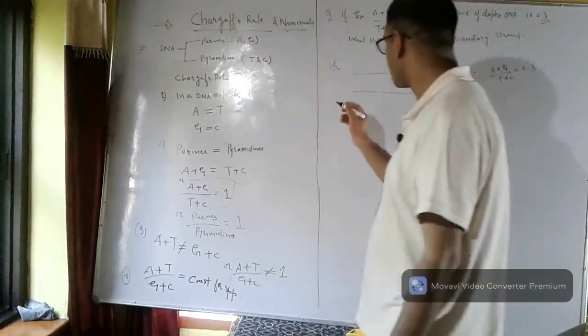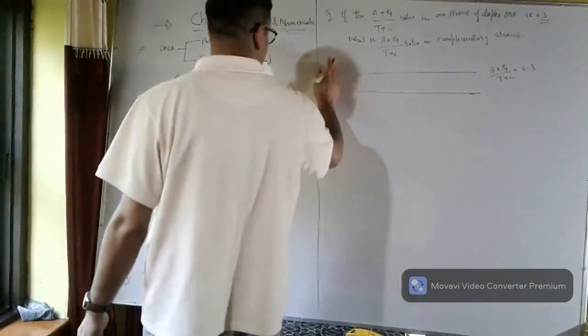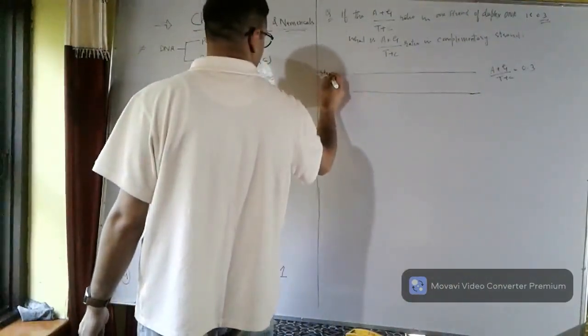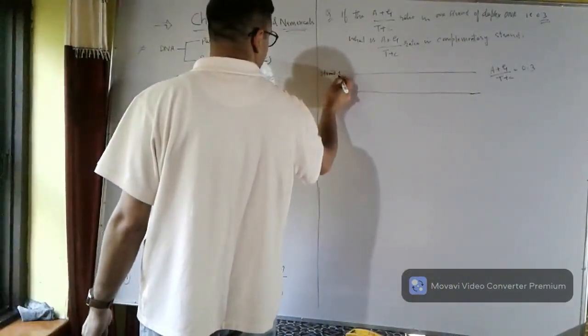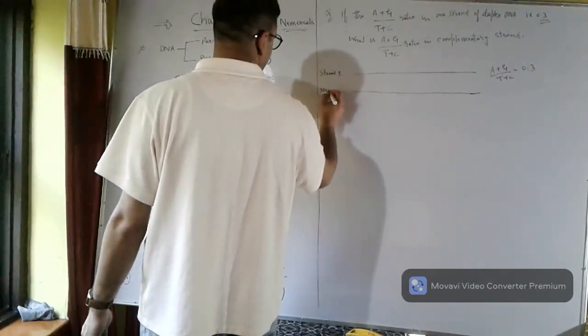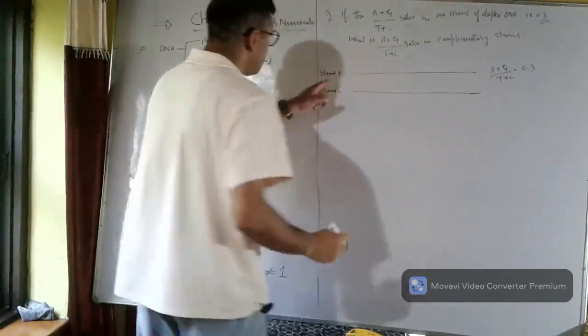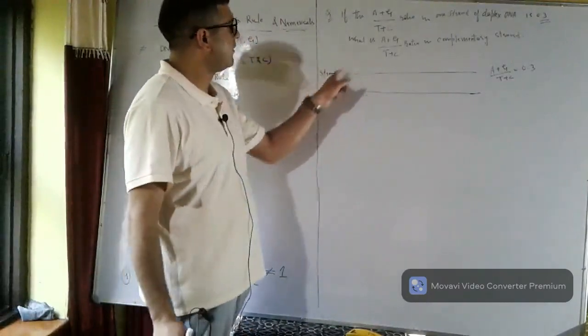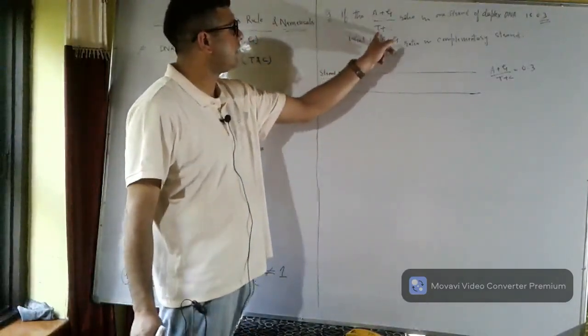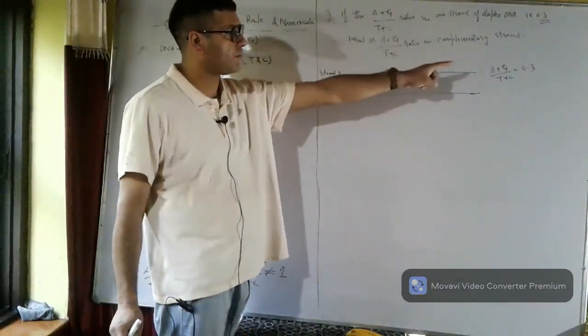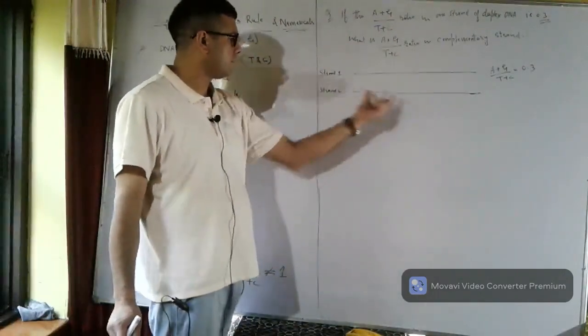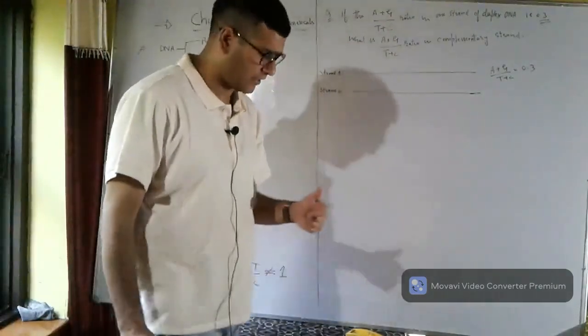This is a DNA molecule. This is strand 1 and strand second. For strand 1, the adenine plus guanine by thymine plus cytosine ratio is given, that is 0.3. Now we have to calculate the ratio in the complementary strand.